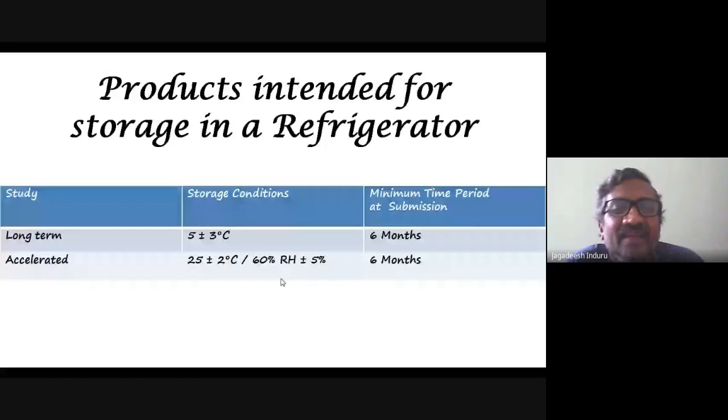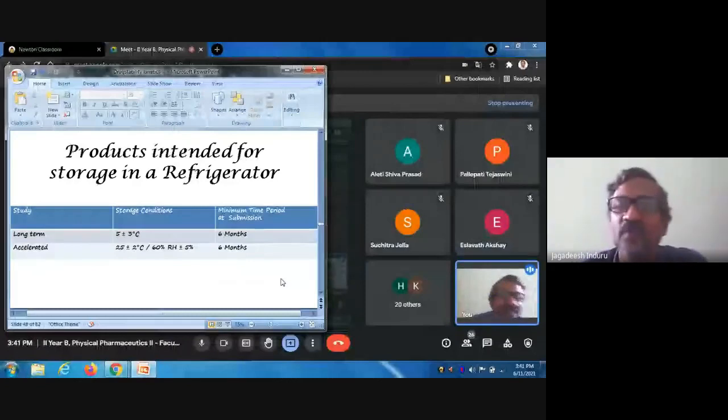In the long term condition, we do not have any RH effect. That 60% RH is not there. Do remember it, because your refrigerator does not have the capacity to maintain relative humidity. A refrigerator is meant only for temperature control, not for air conditioning to the desired RH. We don't have dehumidification or humidification.